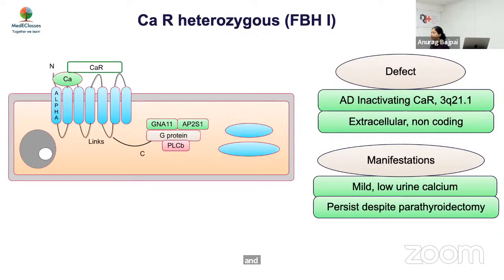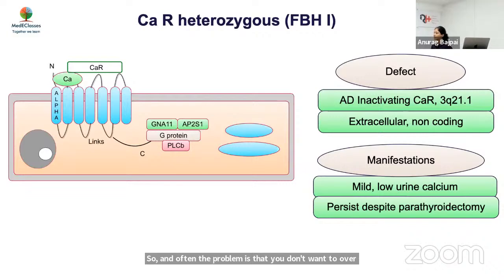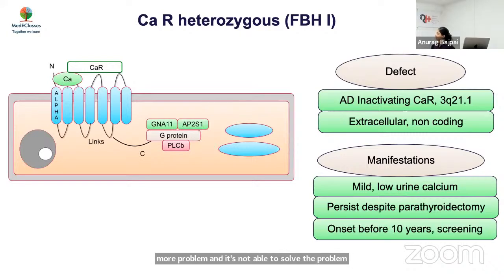The problem is that you don't want to overdiagnose these individuals and subject them to surgery, because if a surgery is done, that is going to cause more problems and confusion. It's not going to solve the problem. These individuals will often not come with any presenting symptoms. They will be picked up on routine screening and will not benefit from parathyroidectomy.